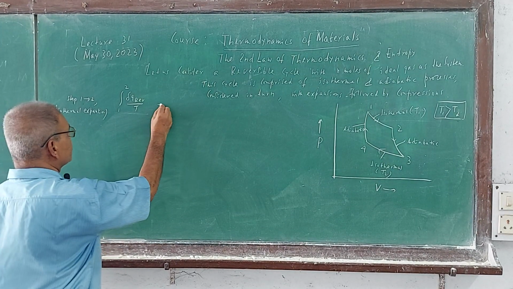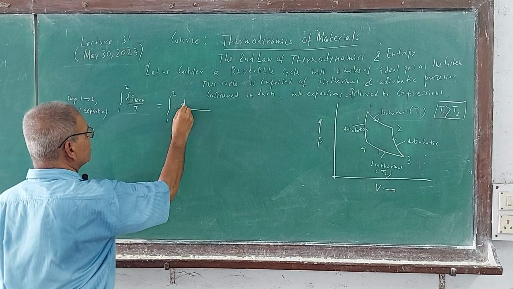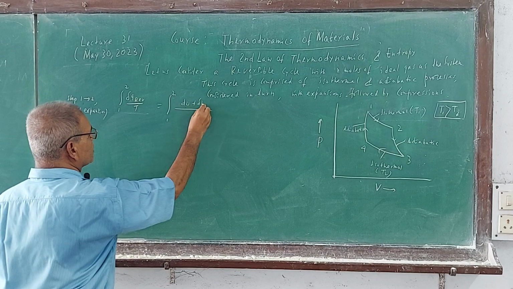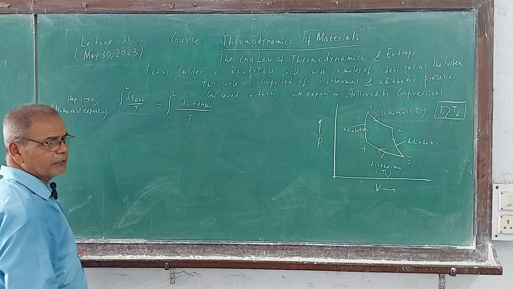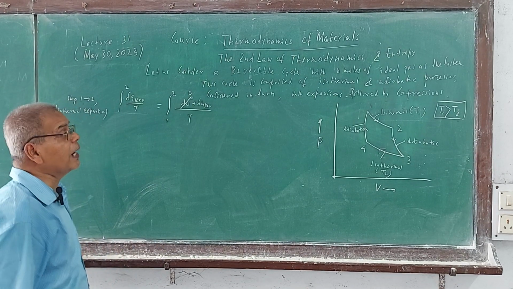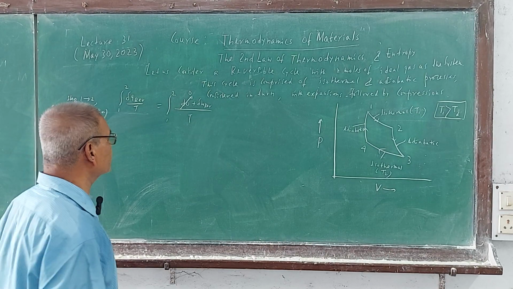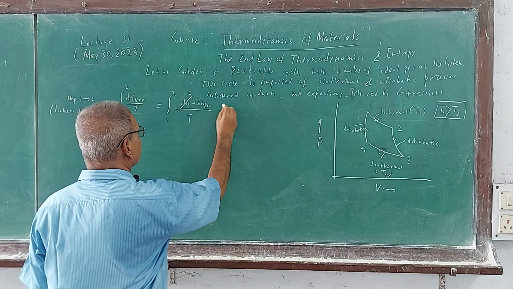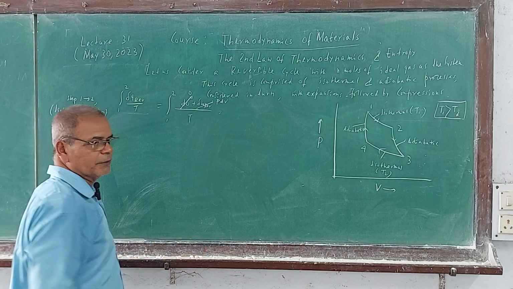What is integration 1 to 2 of dq reversible by T? You know, it is dU plus dW reversible by T. And since ideal gas and isothermal, dU is 0. dW reversible is nothing but PdV; dW reversible is always PdV.